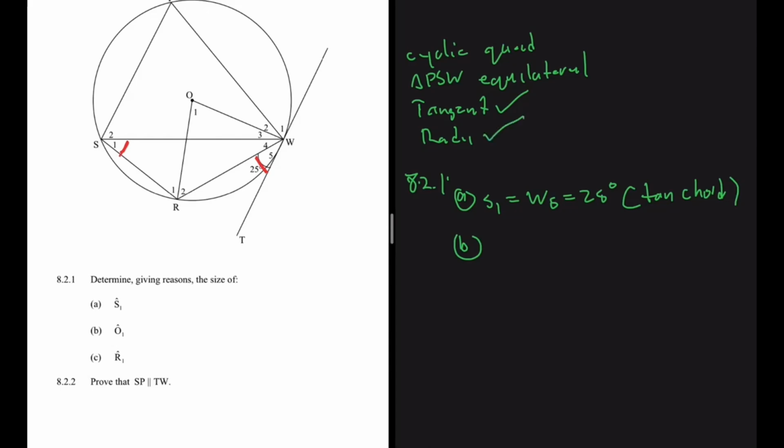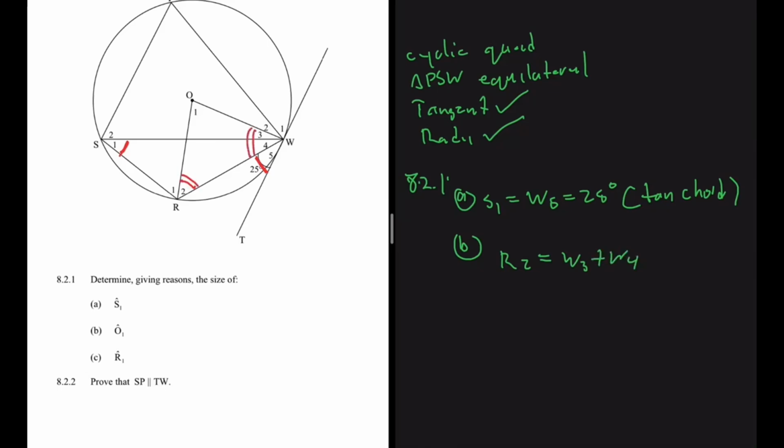Let's look at how radii can help us. Obviously, OR and OW are equal to each other. So angle R2 will be equal to angle W3 plus W4, right? We're saying that this angle here is equal to this angle here.